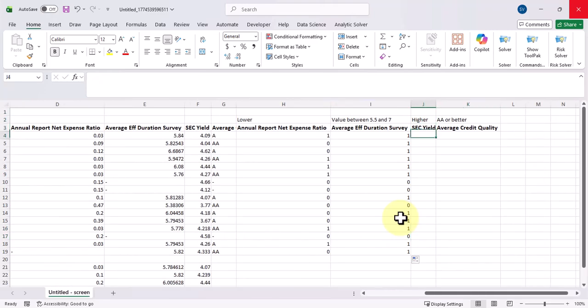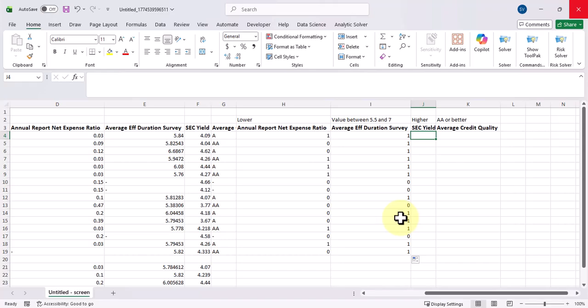For the SEC average credit quality, again, we're looking for a high value here. And I like to use things like quintiles or quartiles because we don't want to just say, well, the highest value is the best. We want to include that as one of many variables that we're looking at. So in this case, what I'm looking for is whether or not the value for the yield is in the upper 20%.